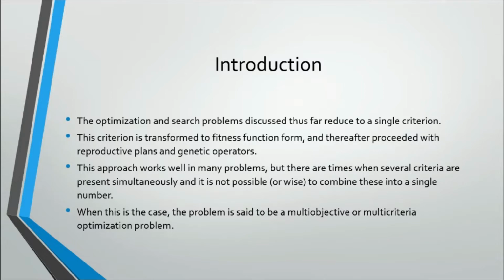So when multiple criteria, that is more than one criterion, are involved in the optimization problem, that type of problem is known as a multi-objective optimization problem, also known as a multi-criteria optimization problem, since more than one criterion is involved.